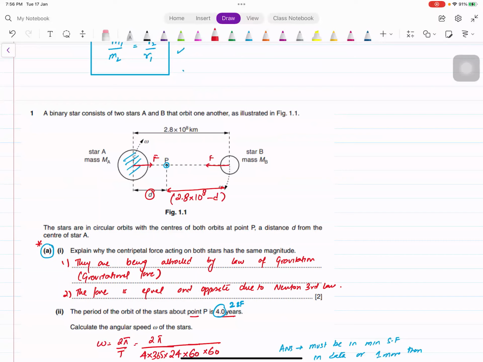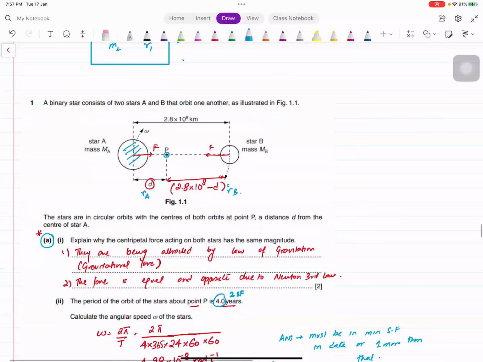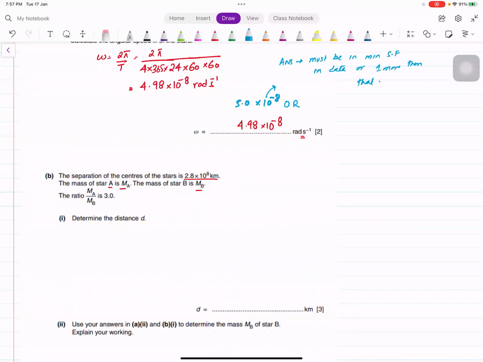Yes. Okay, so according to this, if this is the radius of A and this is the radius of B, do you know the relationship I told you before? What was that in the fourth point? M1 over M2. Okay, can I say MA over MB is RB over RA, because they're an inverse ratio, right?